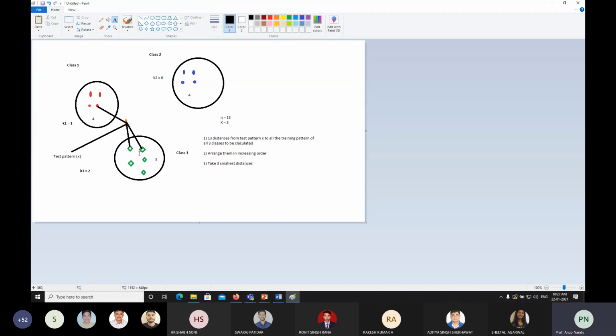So obviously this test point will be classified in class 3, based on the condition that k3 is greater than the others. k3 is the number of class representatives, 2. k3 is greater than k1, and k3 is also greater than k2. Okay, so ki means number of points.